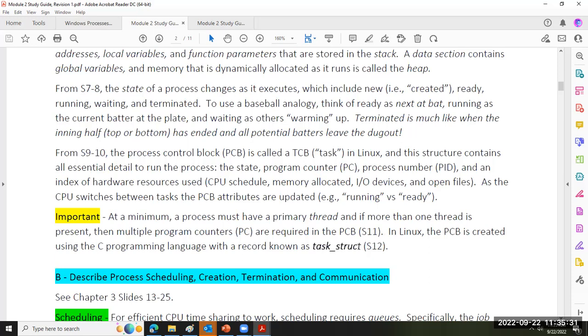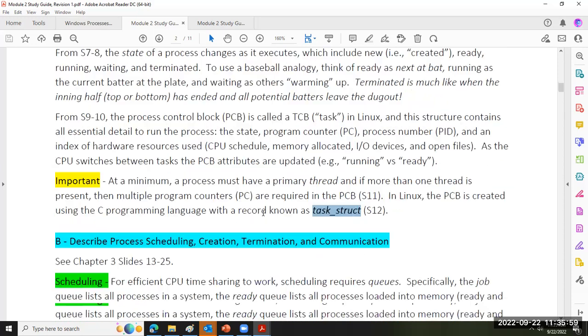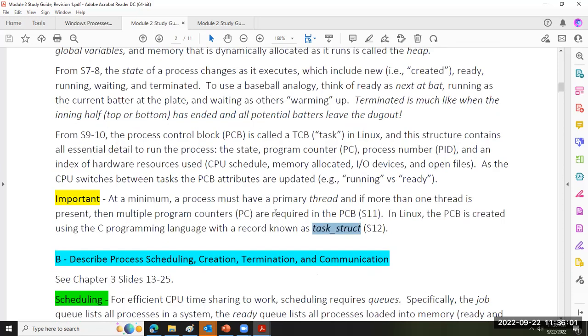So we just talked about a distinction between threads and tasks, and here you see task struct. So that's a Linux thread, right? As opposed to Windows. So this is where you get most of that essential information out of the slides in plain English. So please take the time to do that.